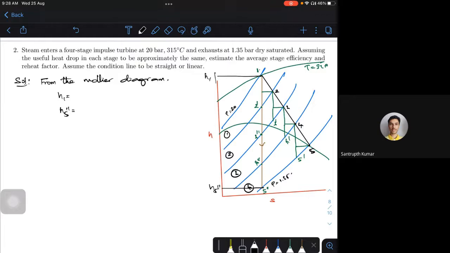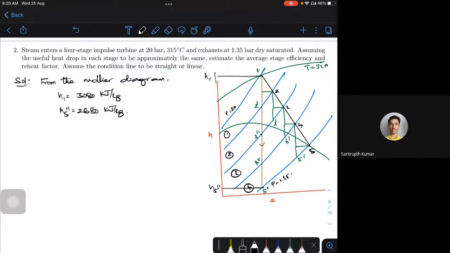H1 is 3080, sir. H1 is around 3100. Okay, fine, roughly 3080. H5 is 2680. Yes, sir, around 2680. Okay, fine.